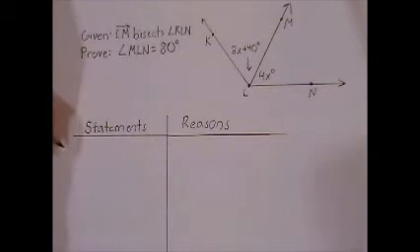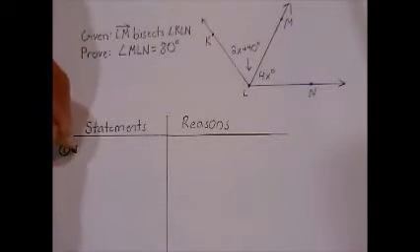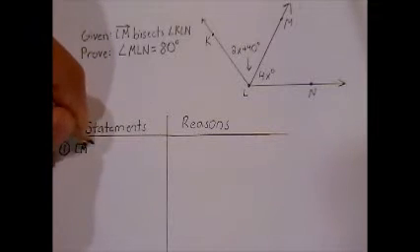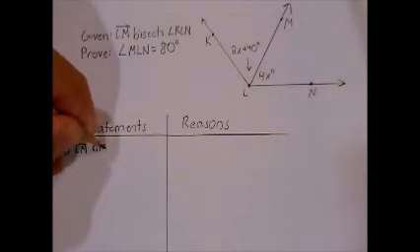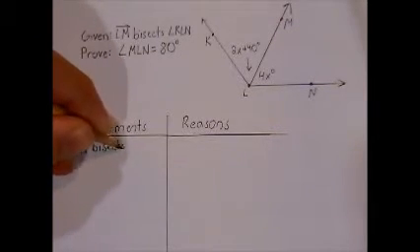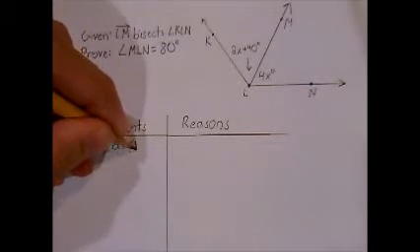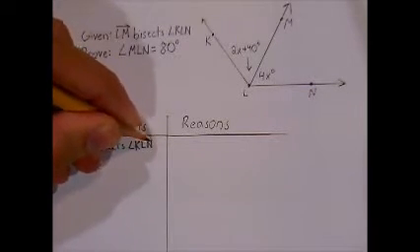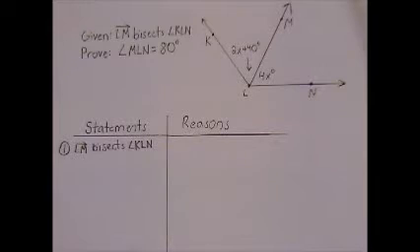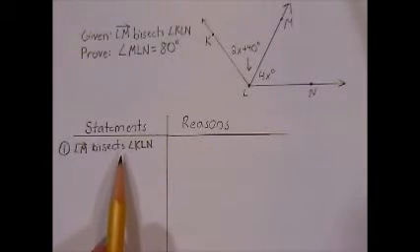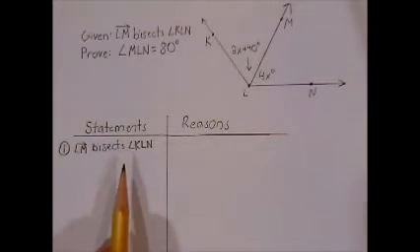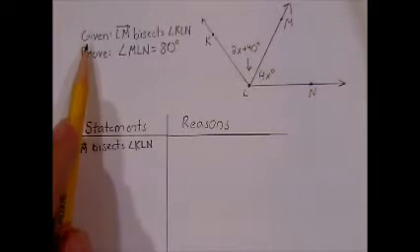Okay? So our first statement is going to be LM bisects angle KLN. And the reason why I wrote that, you see I'm saying why, is because it is given.